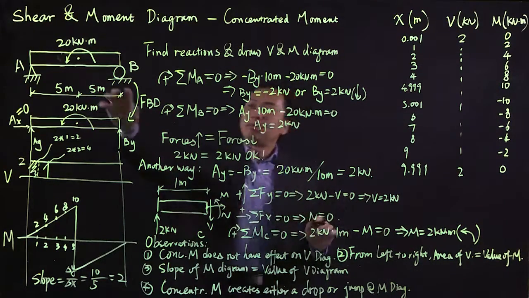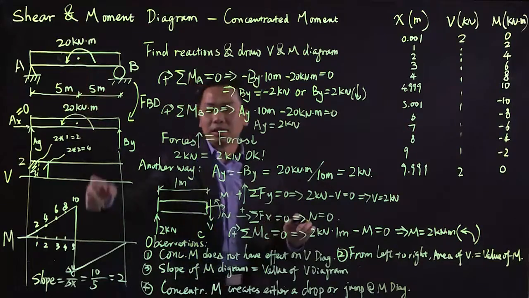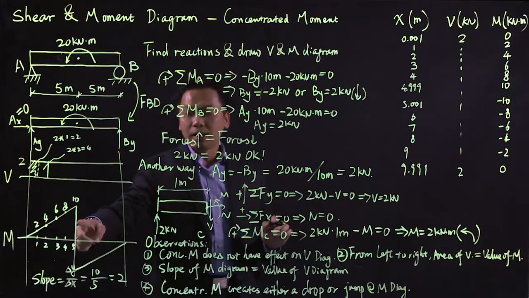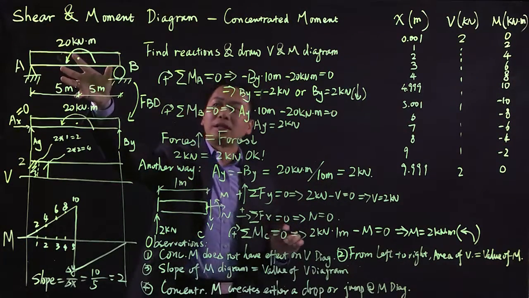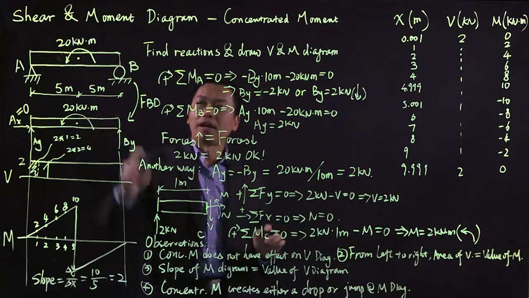If your concentrated moment is counterclockwise, you're going to have a drop. And if your concentrated moment is clockwise, you're going to have a jump.